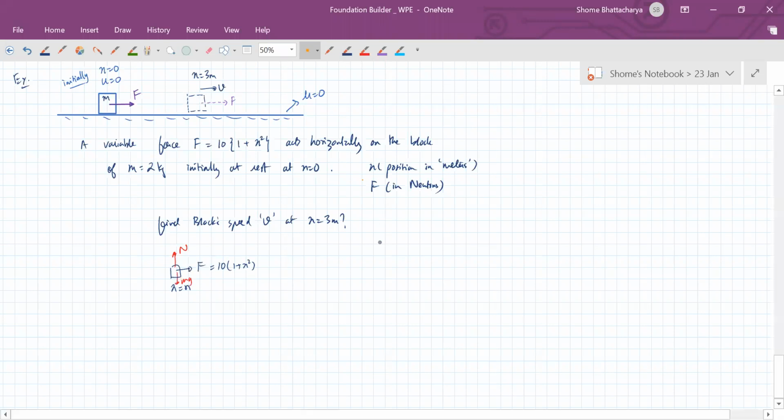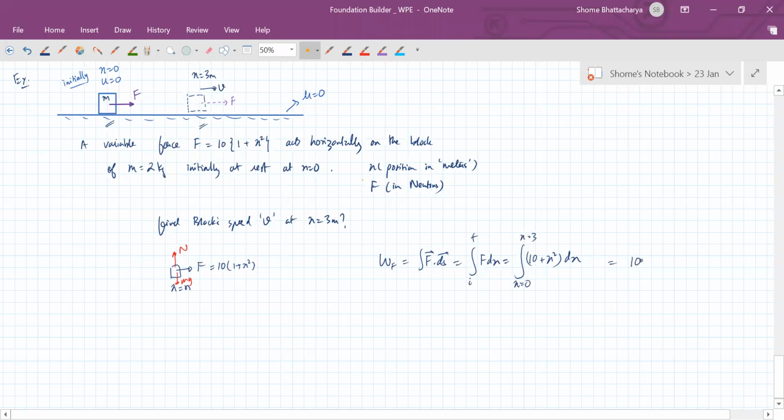Okay. So work done by this force F, we have to calculate by the general formula, but it's one dimensional, so it will reduce to just F into dx. Now this is from initial to final. So we will take this as our initial position and this as our final position. So x is equal to 0 to x equal to 3.